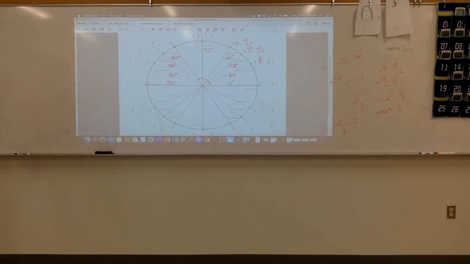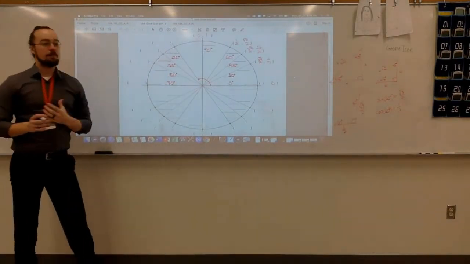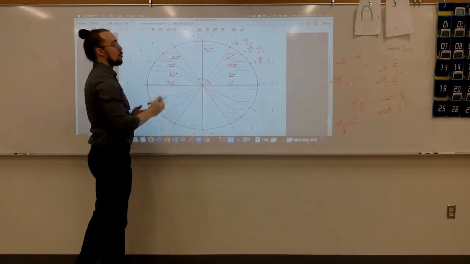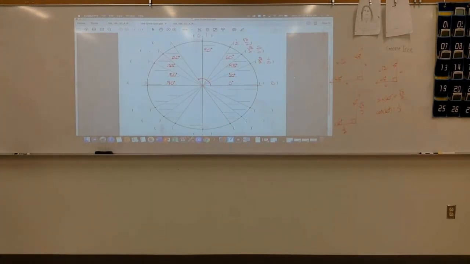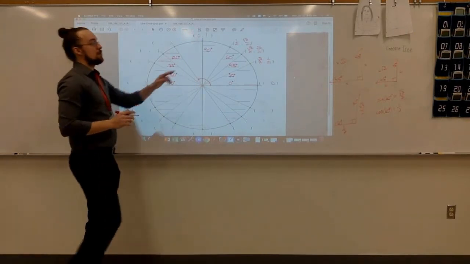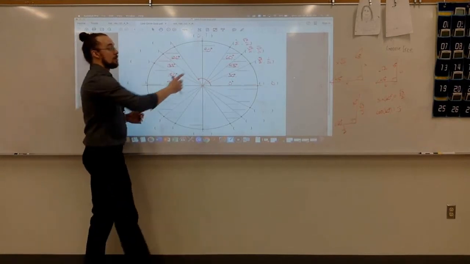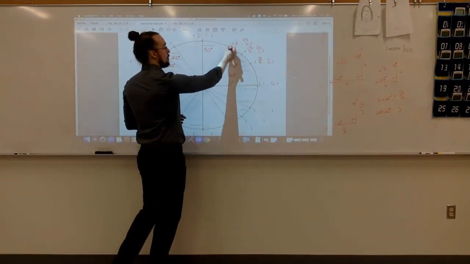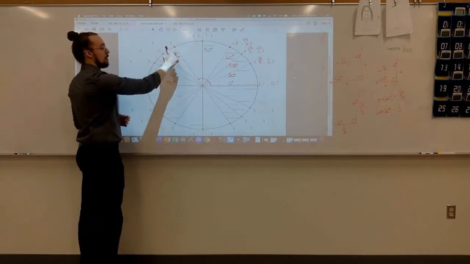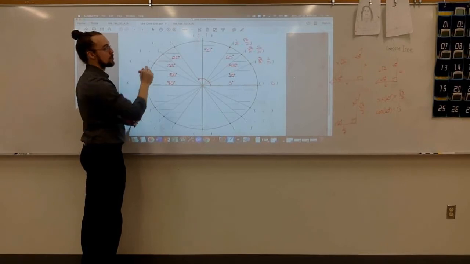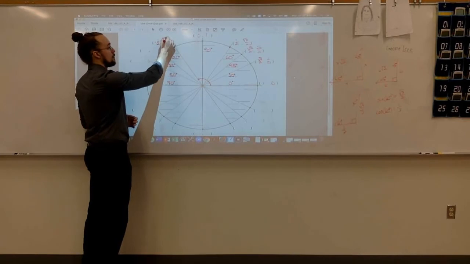So now if I look at those coordinate points, if I'm taking those and reflecting them over the y-axis, what coordinate is going to change? If I take any point and reflect it over the y-axis, the x value will become negative. The y value will stay exactly the same. So if I'm taking this point and reflecting over the y-axis, this coordinate at 120 degrees will be negative 1/2, square root of 3 over 2.